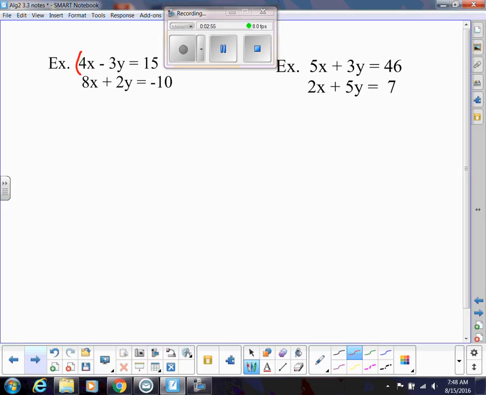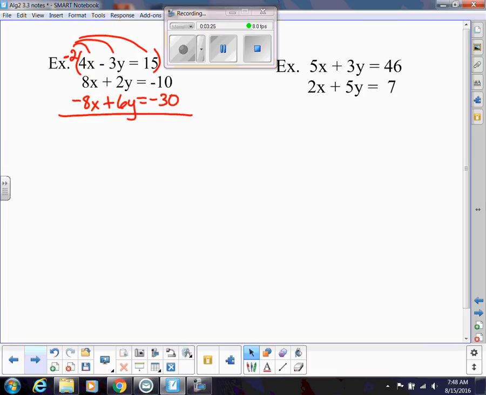Remember, we want them to be inverses, so I don't want it to be +8 like this one. I want it to be -8. So I know I'm going to multiply that first equation by a -2. Make sure you're multiplying everything in that equation by -2. So that's -8x, +6y, and then -30.